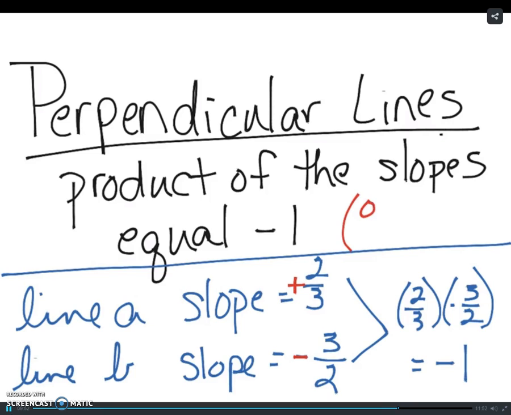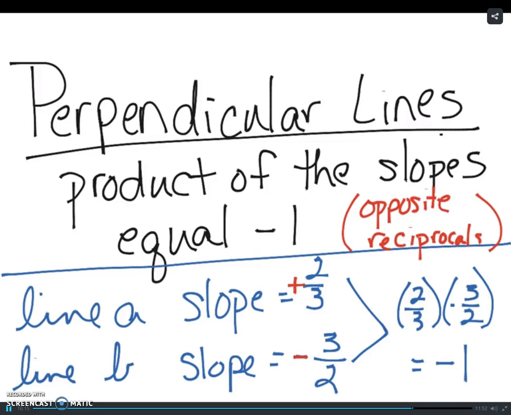I was always taught that they are opposite reciprocals. And it works out to be the same thing because opposite reciprocals always multiply to be negative 1. But the official rule is that the product of the slopes, so if you multiply them, will equal negative 1.